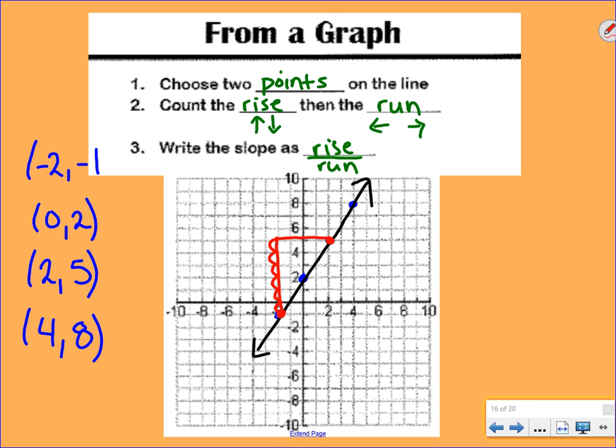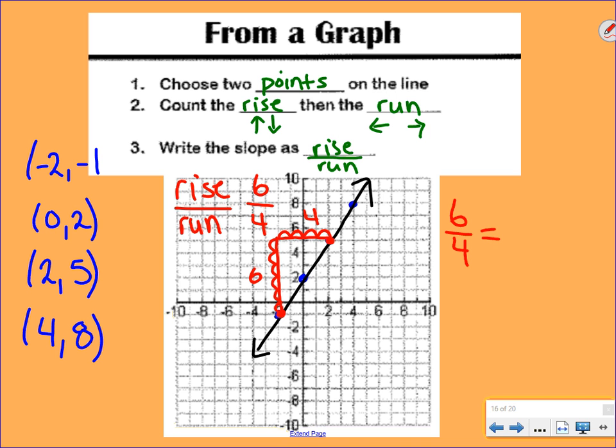And then how much we run, how much we go over. We went 1, 2, 3, 4. So our rise is 6, and our run is 4. So our slope is 6 over 4. However, we do want to write our slope in simplest form, which means we need to reduce our fraction. 6 over 4 reduces to 3 over 2.